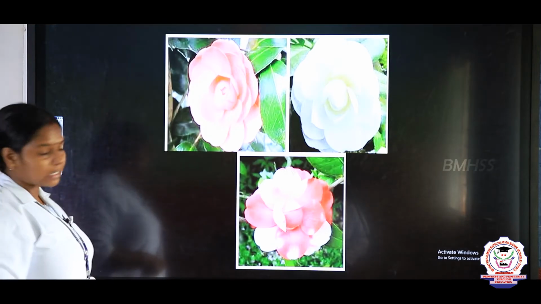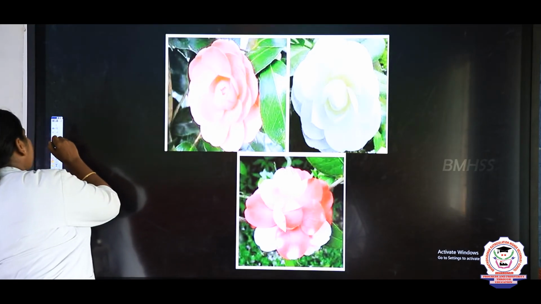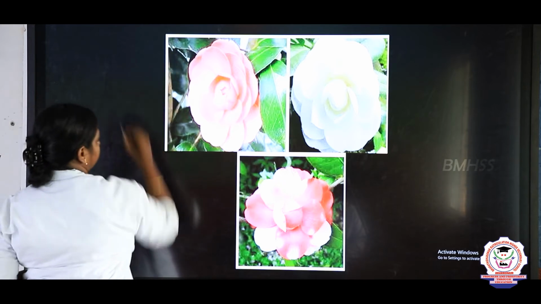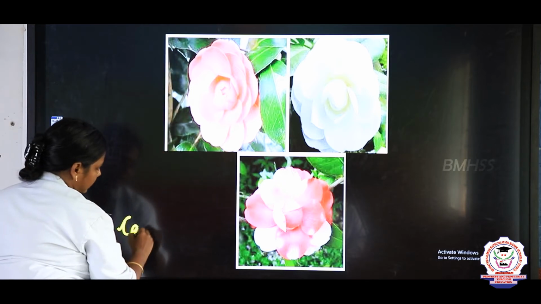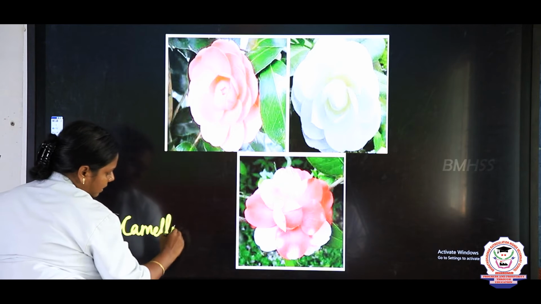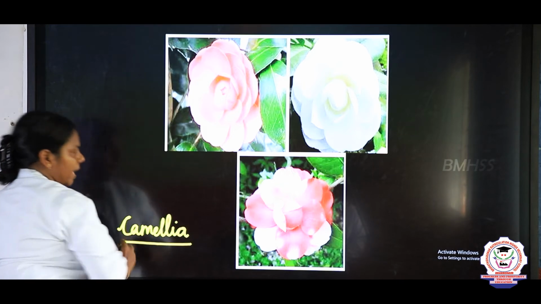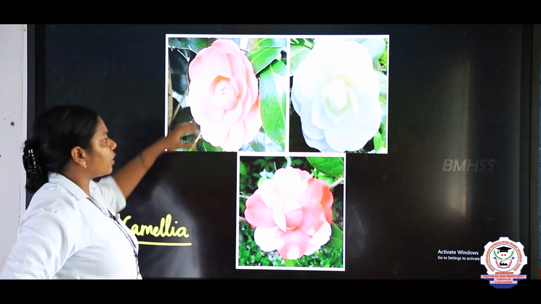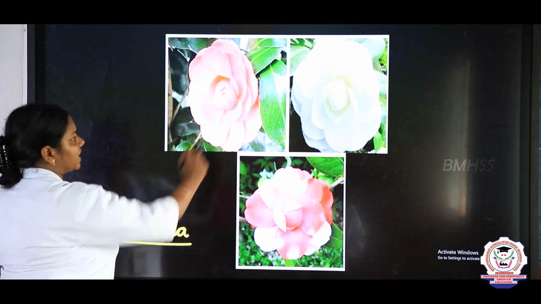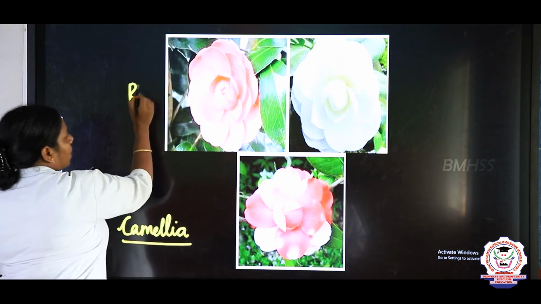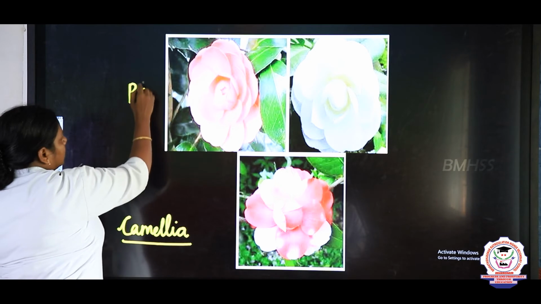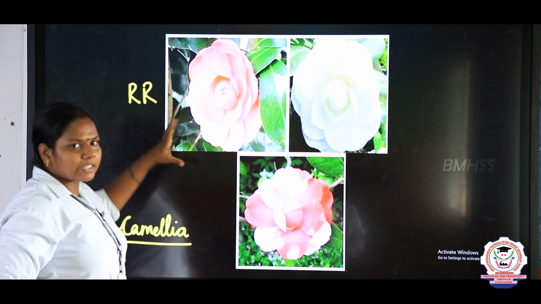Camellia. What is the name of the flower? The name of the flower is camellia, right? Here the dominant allele is R, red color, which is dominant.